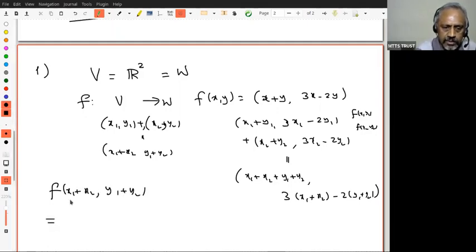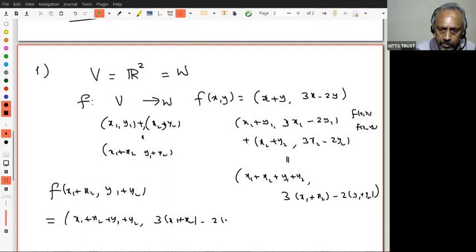But what will be f of (x1 plus x2, y1 plus y2)? According to the definition, the first and second coordinates must be added. Therefore, it will be x1 plus x2 plus y1 plus y2. That is the first coordinate. Next one will be 3 times the first coordinate, that is 3 times (x1 plus x2), minus 2 times the second coordinate, that is 2 times (y1 plus y2).